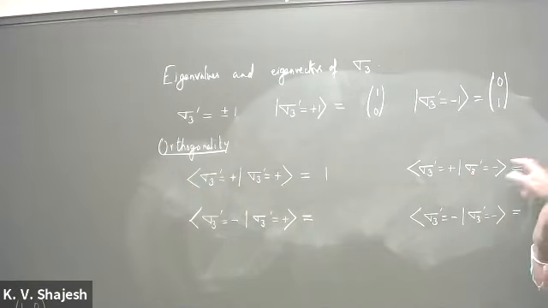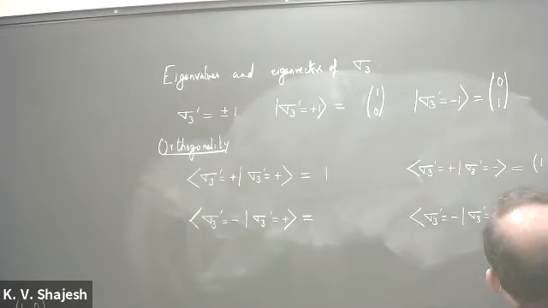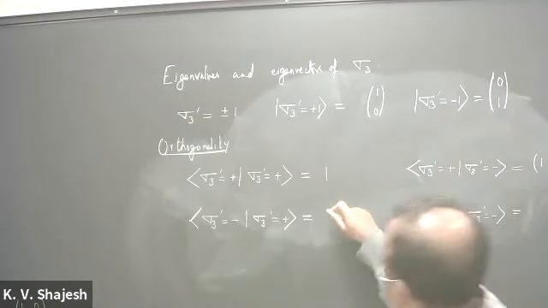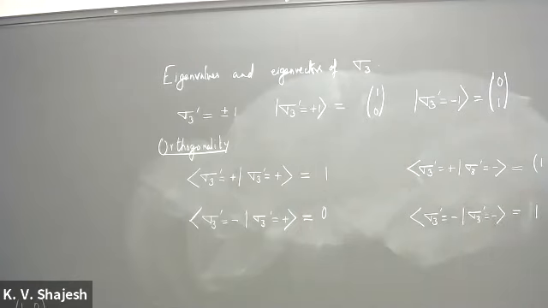Since it is written the other way, I have to take the complex conjugation, right? 0, 1, 0. This also comes out to be 0, and that comes out to be 1. So very clear.